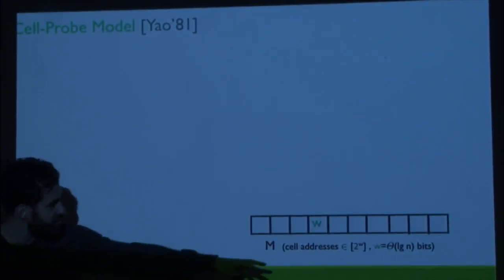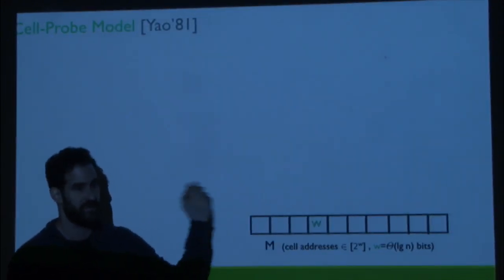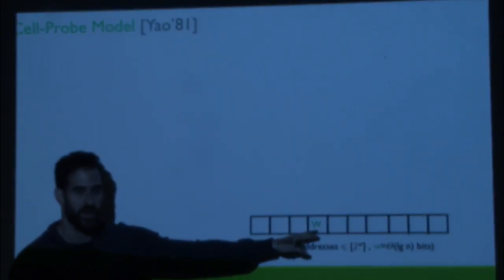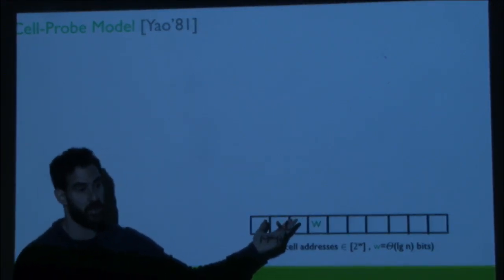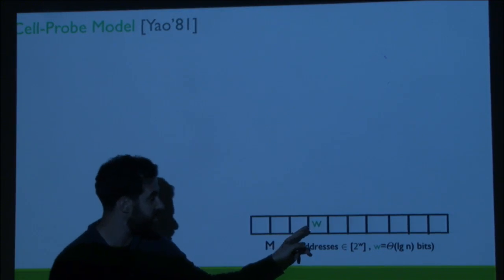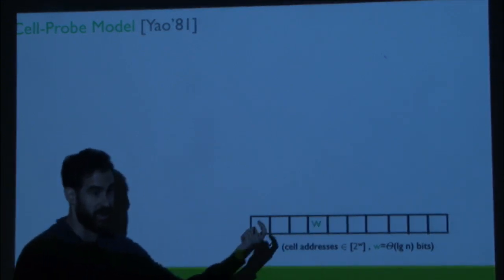And intuitively, the reason for this assumption is that log n seems a natural value, because if you have n updates, you want to be able to, for example, index an operation. This takes log n. You want to be able to store a pointer to some other cell, which is also log n. So the address space is 2 to the w, roughly. All right, and this is an important feature of the model. So in one operation, you can access an entire word. So the atomic granularity is the word size.